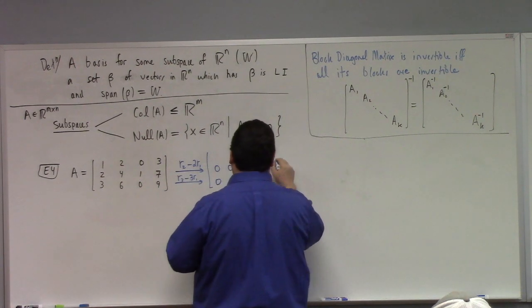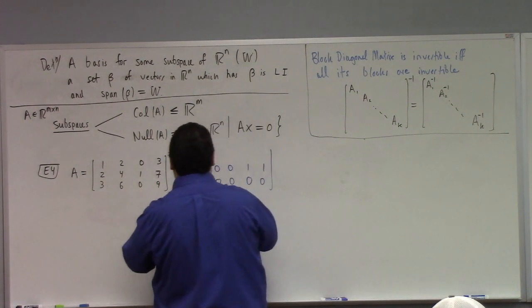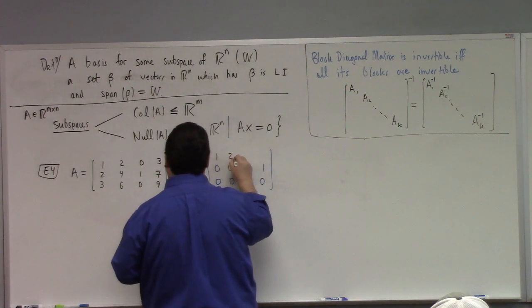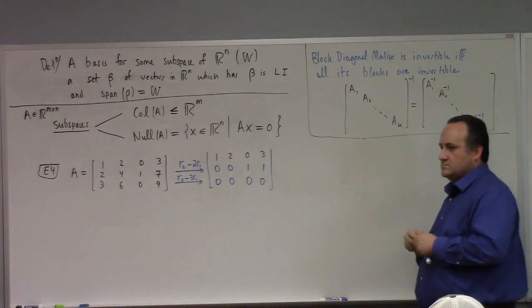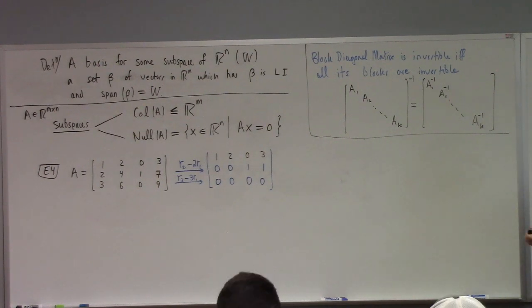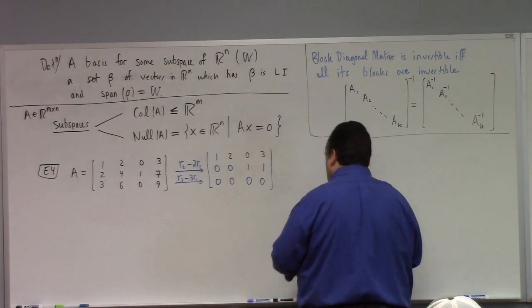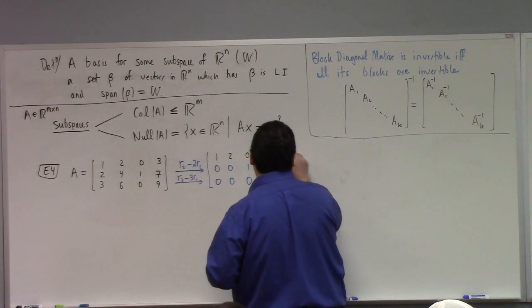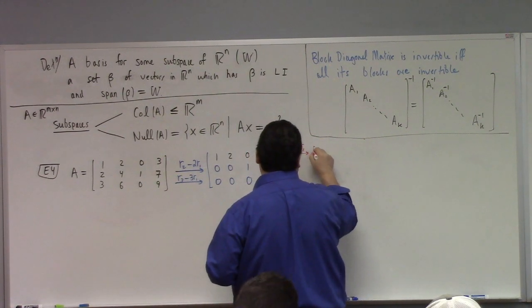The top row is unchanged. Do we agree? All right. And then one more step and we'll be completely done with the row reduction here. We get row 1 minus 3 row 2.